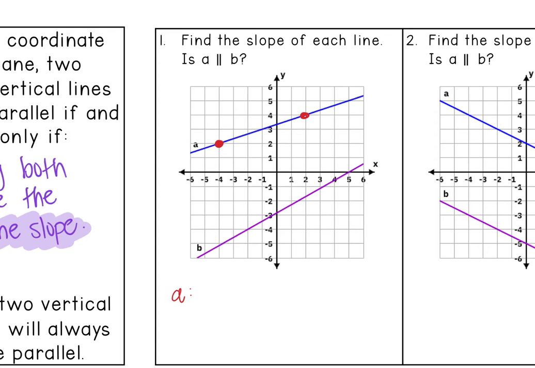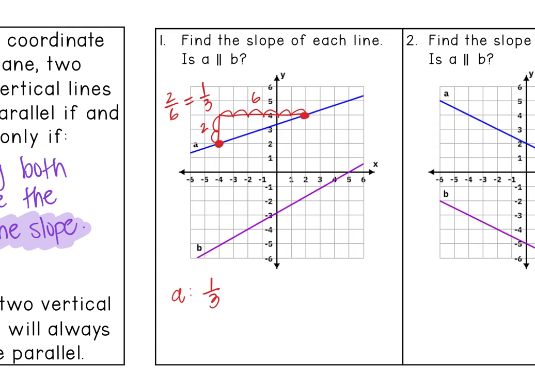So right here. If you make your triangle, it'll make it easier to count. It's going 2 up and 1, 2, 3, 4, 5, 6 across. So 2/6. We could reduce that to 1/3. So the slope of line A is 1/3.